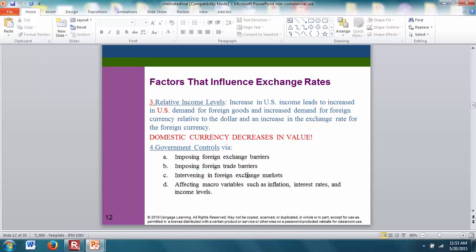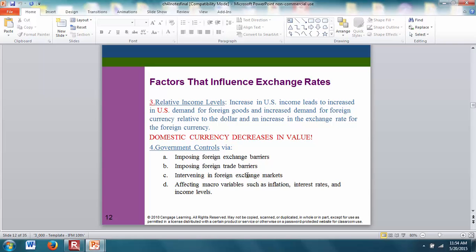They did not want that to go down in value. On the other hand, if you look at a country like Japan, they want the opposite to happen. They want the Japanese yen to decline in value. And sometimes when the Japanese yen appreciates, the Japanese government sells the Japanese yen and buys the US dollar. So that way they are hoping that the US dollar will appreciate in value.